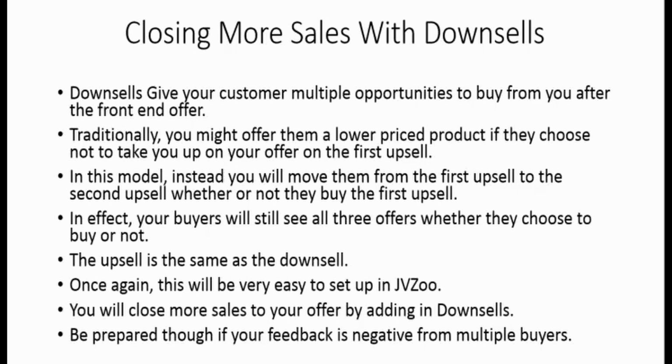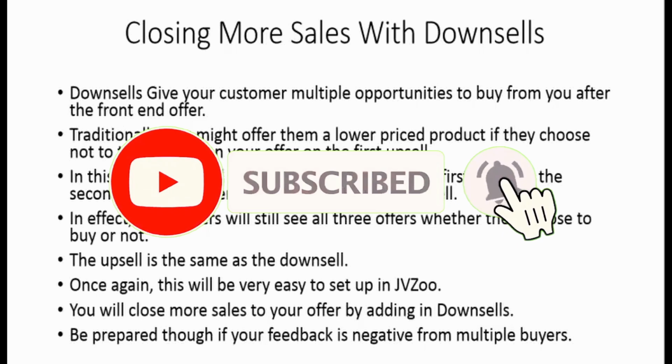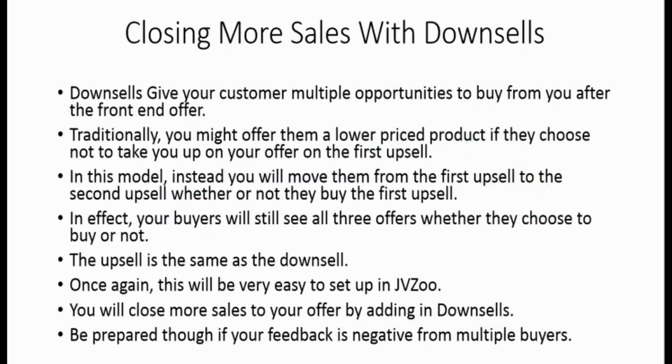But in general, you are going to close more sales and you're going to bring in more people even with the downsell, and especially if you're not creating different offers. You want to create those 3 additional offers and you want your buyer to see them regardless of what they decide. Okay, so with that, thanks, and I will see you in the next video.